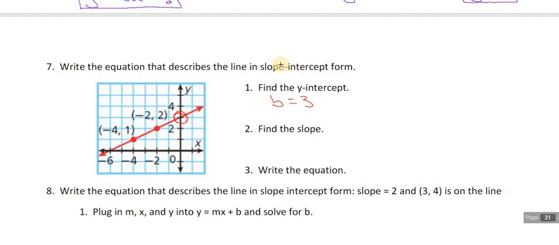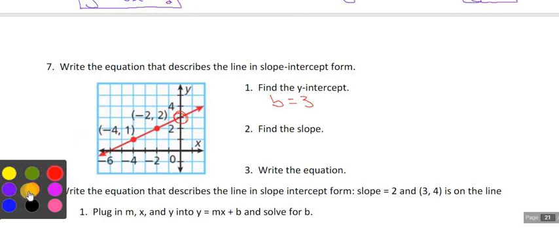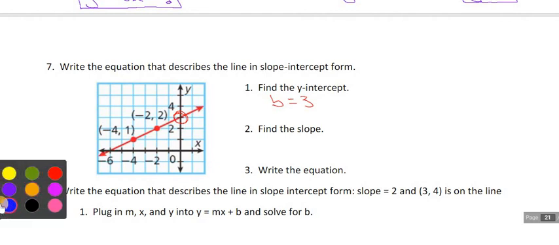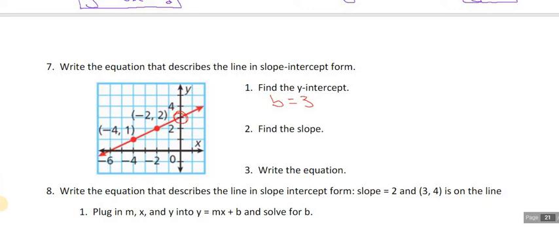Now we need to find the slope. Well, if I have a line that's graphed here, I can use my rise over run approach to go from one perfect point to the next, okay, which we do have 2 perfect points here, in order to determine what the slope is. So if I start from my left perfect point and travel to my right perfect point, only going up, down, left, right, we can then determine what our slope is.